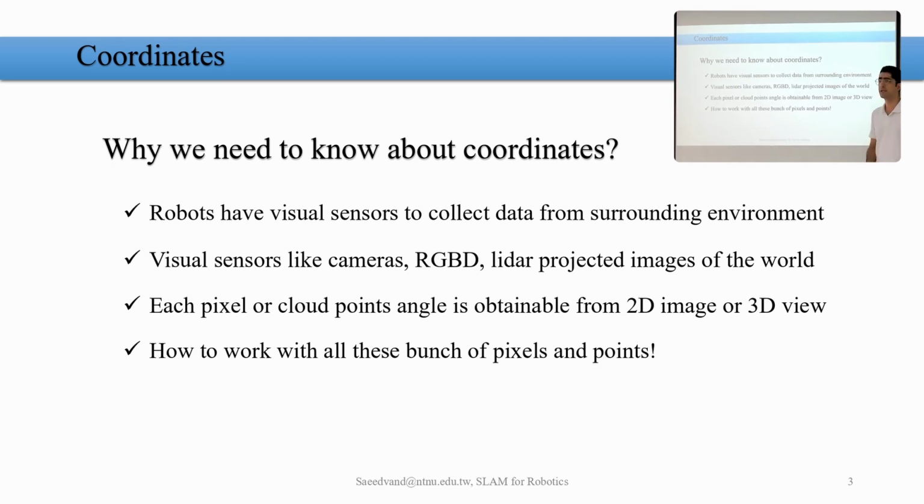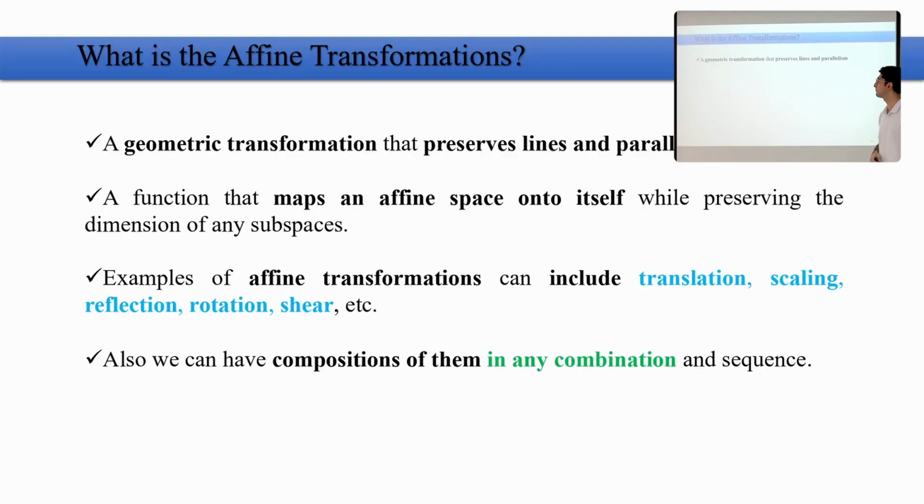We want to know how we can work with a single point in a 3D coordinate system. So what is the affine transformation? As a definition, we can say it's a geometric transformation that preserves lines and parallelism, and also a function that maps affine space into itself.